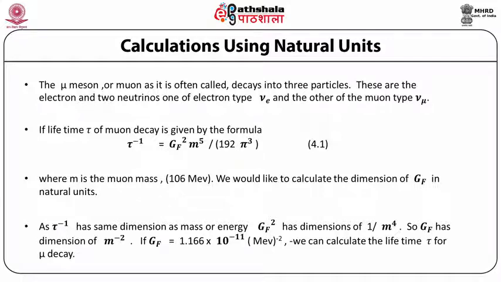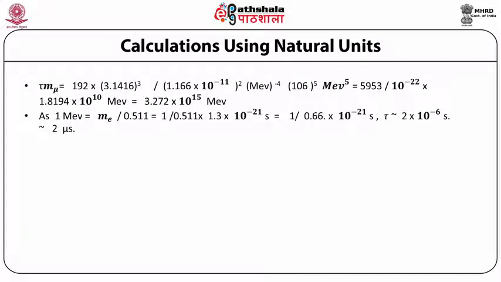If G_F is equal to 1.166 into 10 raised to the power minus 11 MeV raised to the power minus 2, we can calculate the lifetime tau for mu decay. Tau mu is equal to 192 into pi cubed divided by (1.166 into 10 raised to the power minus 11) squared, and putting in the numbers as shown here, as 1 MeV can be written as me over 0.511, we get 1.1 divided by 0.66 into 10 raised to the power minus 21 seconds, or tau is equal to 2 microseconds.